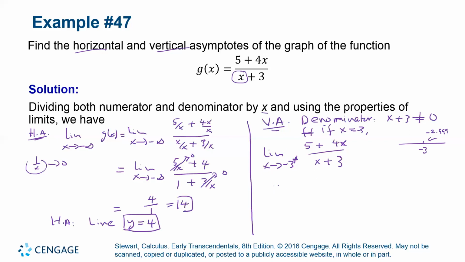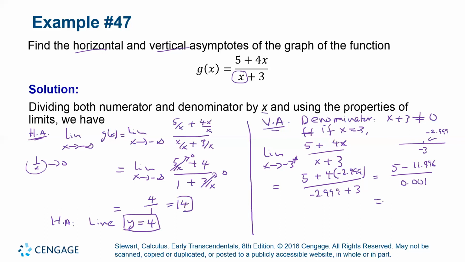So this becomes 5 plus 4 times negative 2.999, divided by negative 2.999 plus 3. This will give me 5 minus 11.996, divided by 0.001.